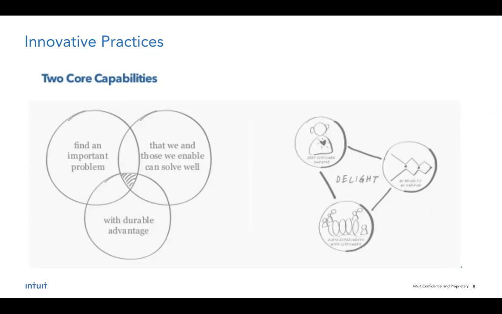For every problem that we solve, we have a structure on how we approach that problem. It is extremely important to first find and articulate the problem.